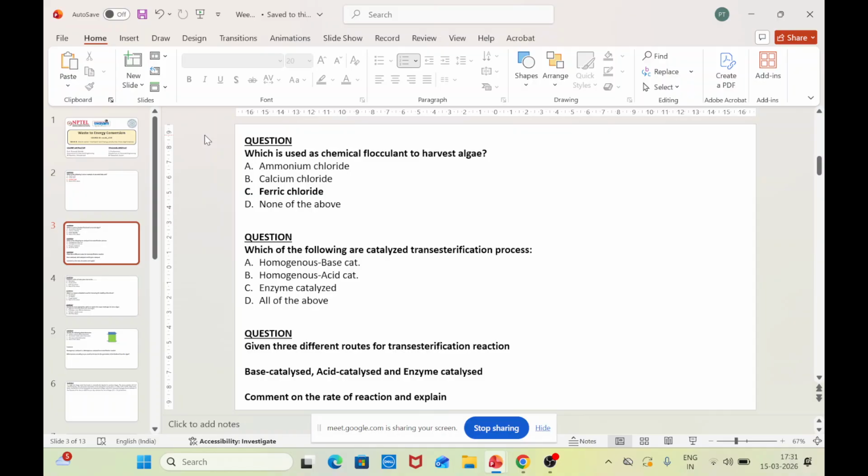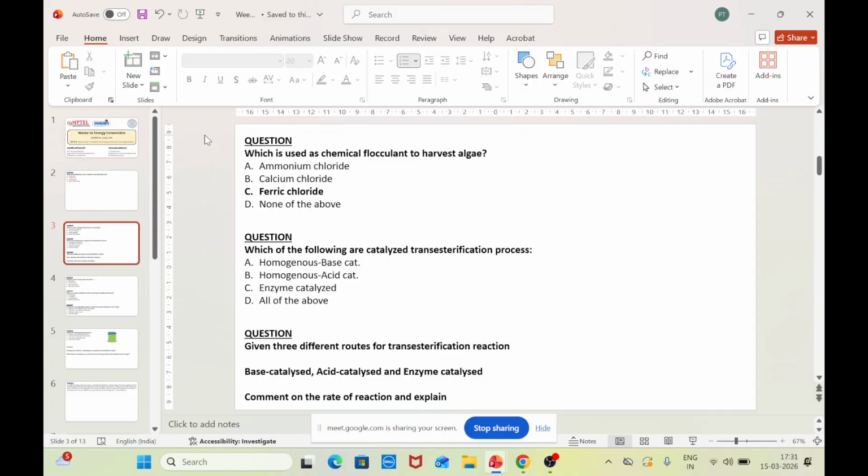Flocculation is a process where the colloids come out of the solution, or you can say out of the suspension, in the form of flakes.